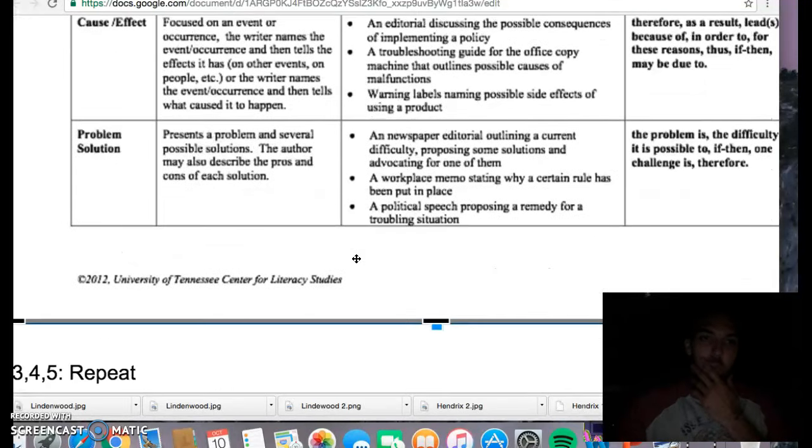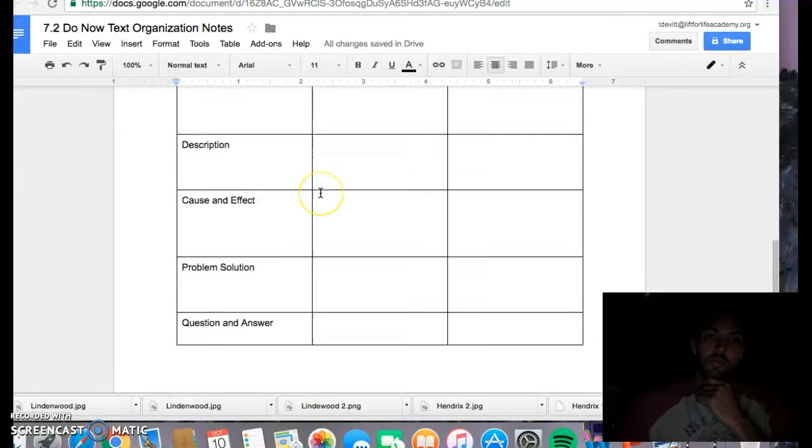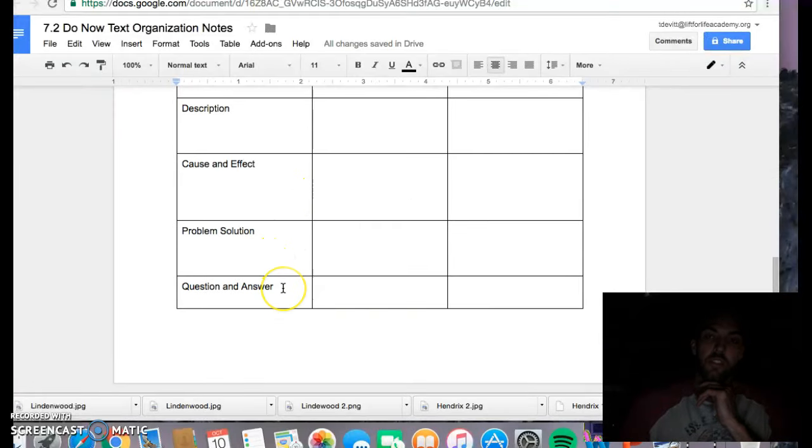The final type that is not on here but you will need to know is question and answer, and we're actually going to look at an example of this today. One of the articles you look at. This is going to be primarily when you're looking at interviews. If you interview the author, like at the back of the Outsiders book, or if you're doing some other type of interview with a celebrity, it's going to be question and answer.